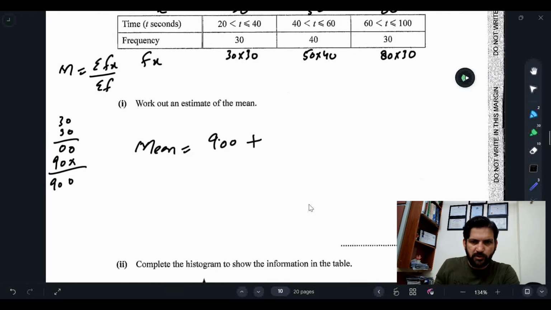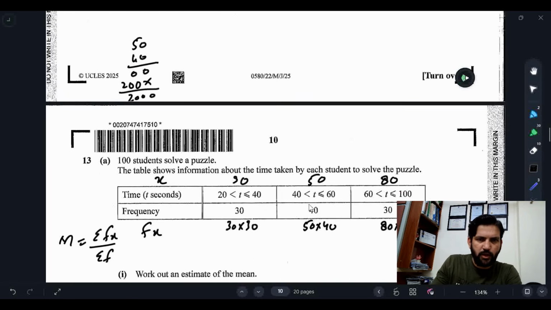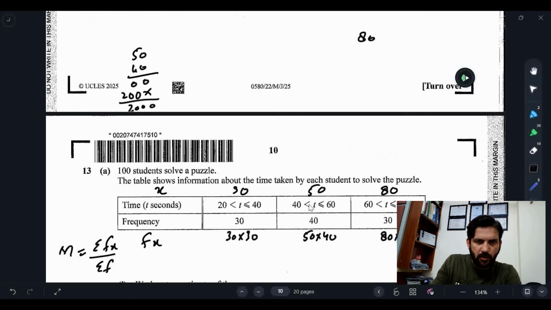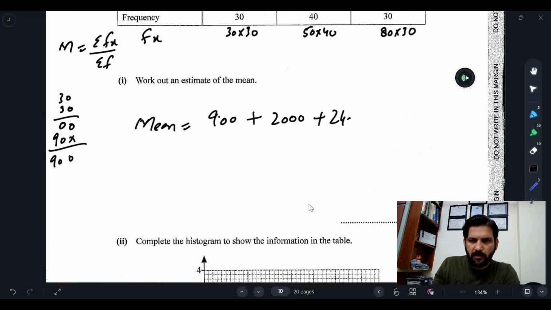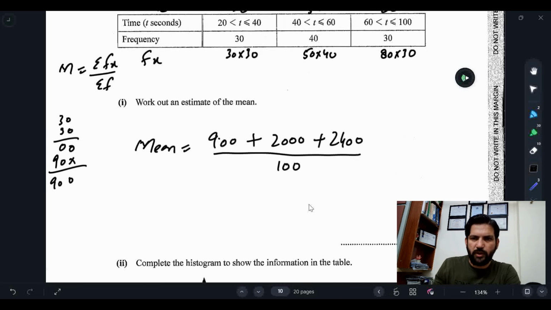So this will be not 200, it will be 2000. Then 80 into 30: 0 0 again, and 8 3s are 24, so this will be 2400.